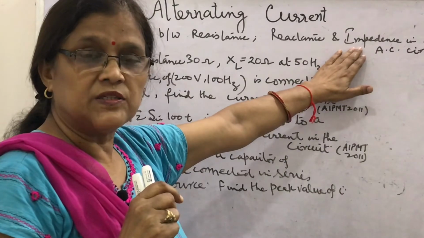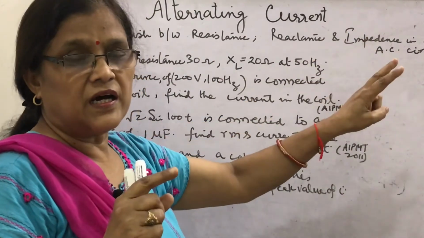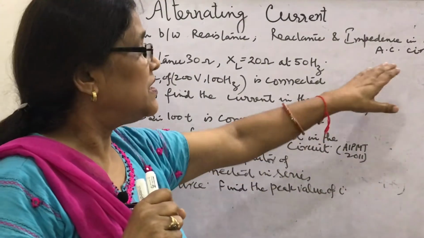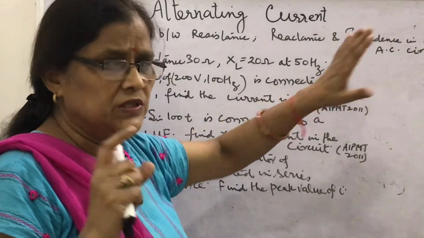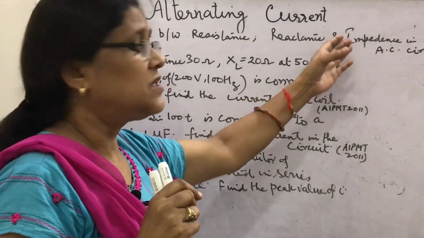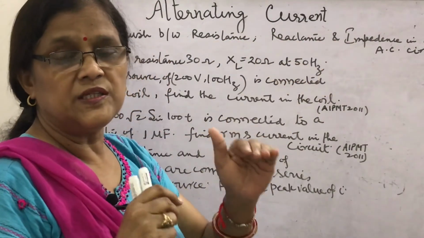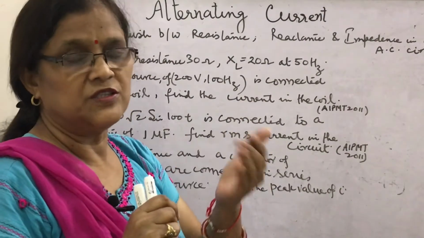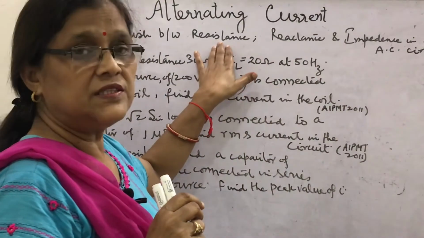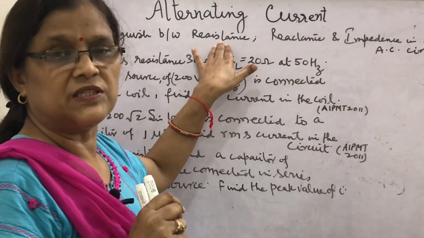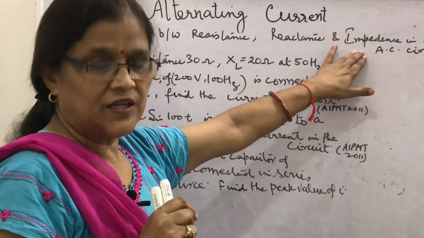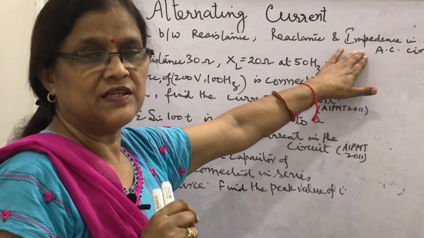It is the combined hindrance offered by an LR, CR or LCR circuit in an AC circuit. What is the similarity? All these three terms are hindrances in the path of current. Their unit is ohm. But the difference is that resistance doesn't depend on the frequency of the AC circuit, while reactance and impedance depend on the frequency.